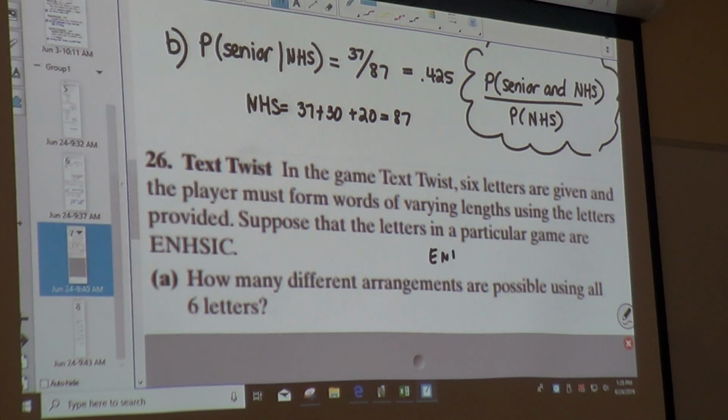Is that a different answer than that? Yes. So does order matter? Yes. They're going to give you 2 different answers.